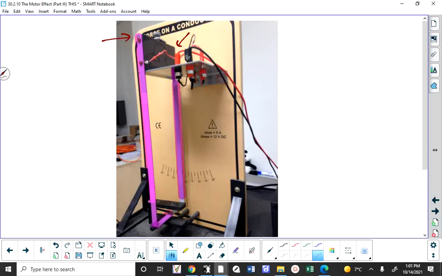It's just a U shape. Okay? But what we are going to do is connect the two sides of the U to a potential difference.